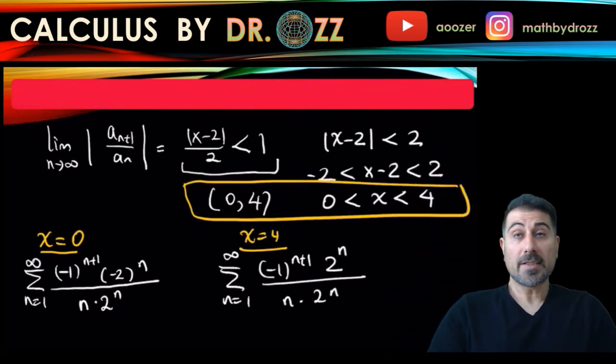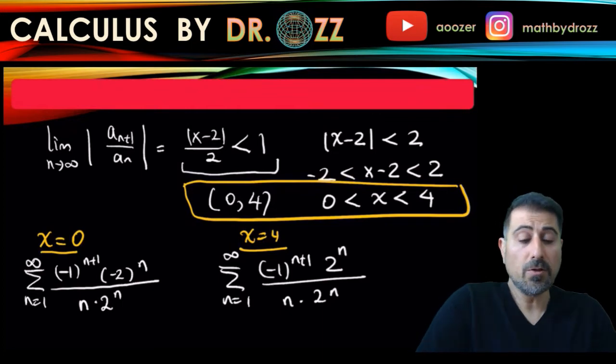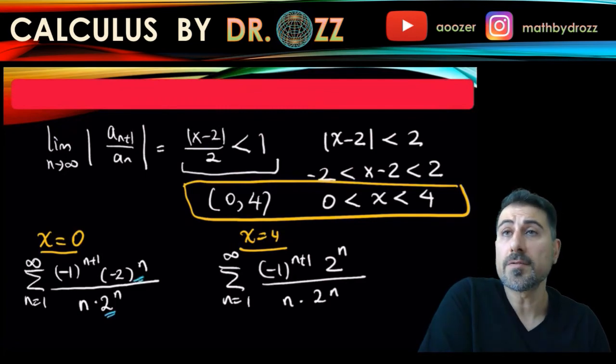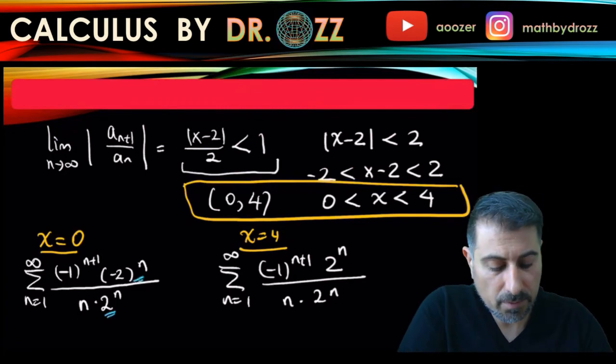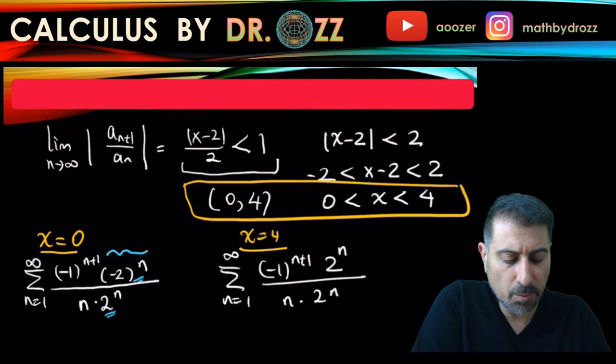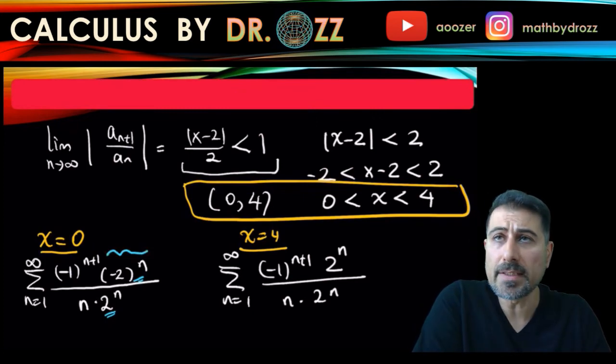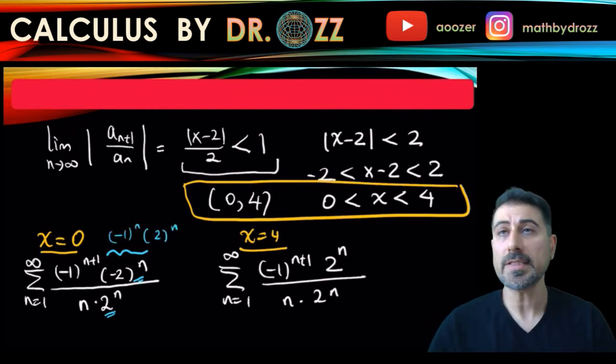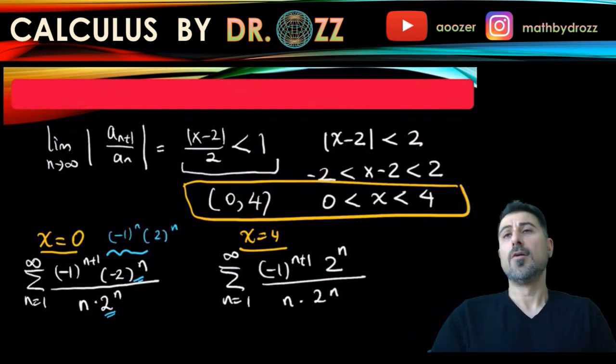Well, there's going to be some cancellations here, and we're going to be very careful. Okay? So first of all, this 2^n is similar to this one, (-2)^n. Let's just expand this out. So this is equal to, I'm going to split the base and write it as (-1)^n and 2^n, because when the exponents are the same, you can multiply the bases.